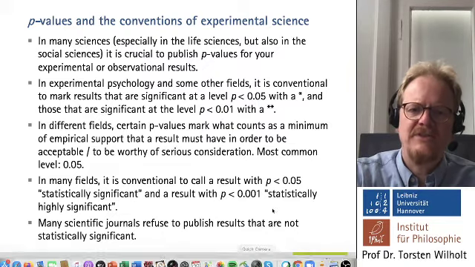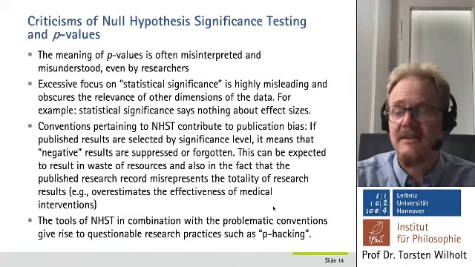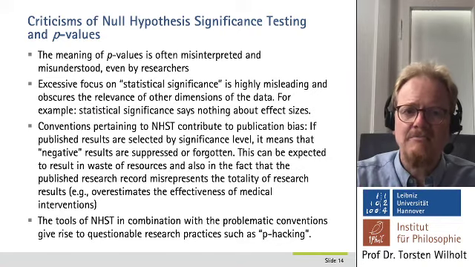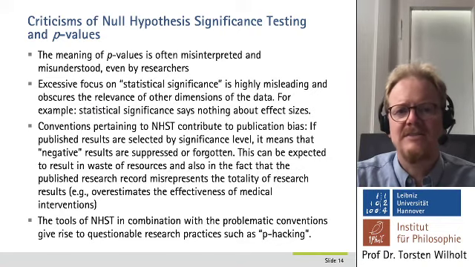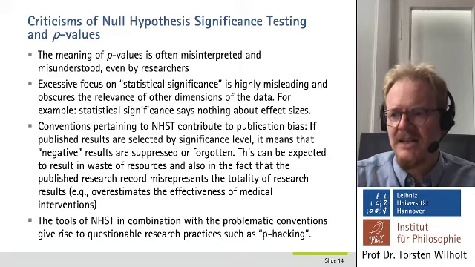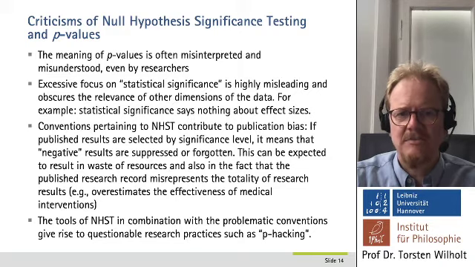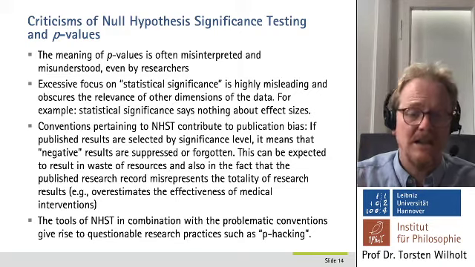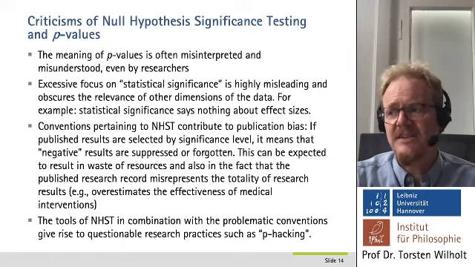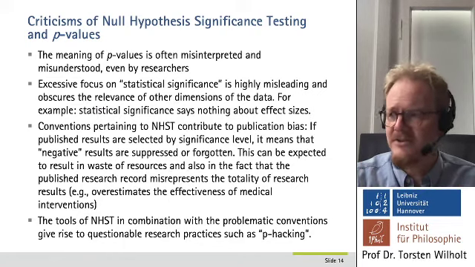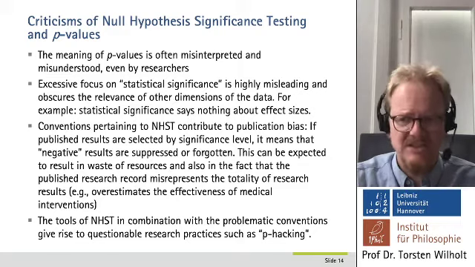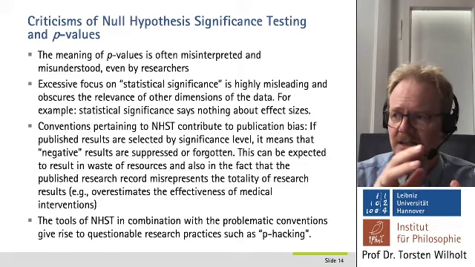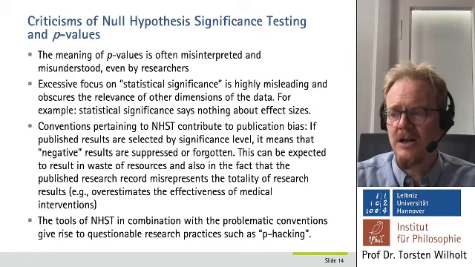And so one of those criticisms is that, as I already said, the meaning of p-values is often misinterpreted and misunderstood, even by researchers. There are empirical studies of this where you send out surveys to researchers and you ask them some questions about p-values, and it's horrifying the kinds of things that people get wrong, actually.